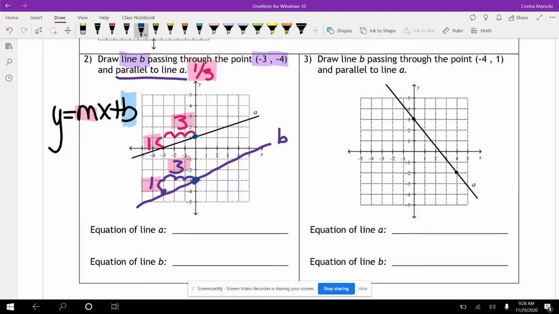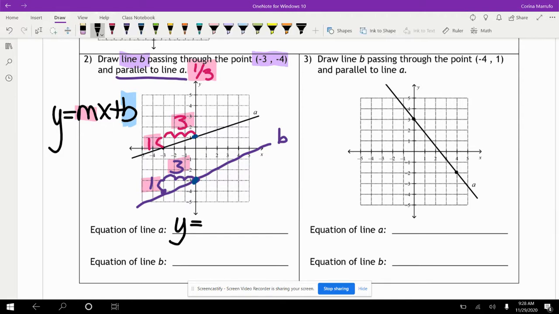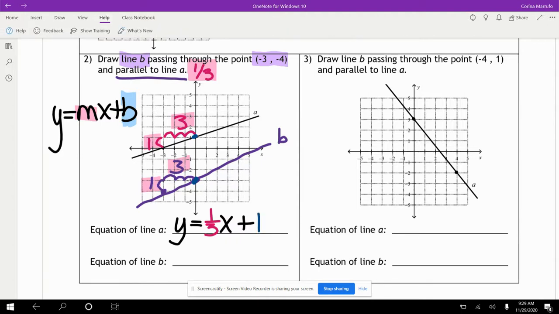And here our y-intercept for line B is -3. So now we're ready to write the equation of the line. For line A, it's going to be y equals, instead of m, I am going to put 1/3 x plus, and then our y-intercept is 1. Okay, and then for line B, we're going to do the same thing.